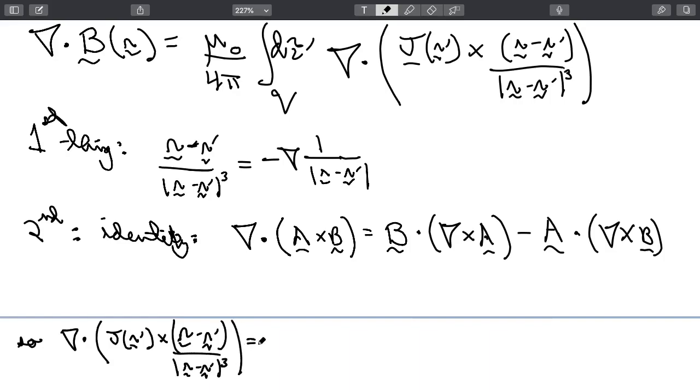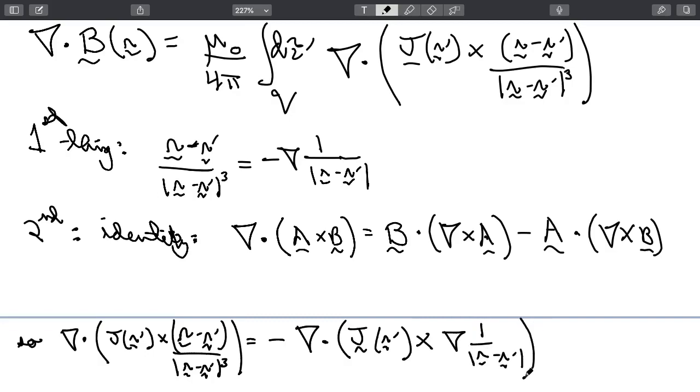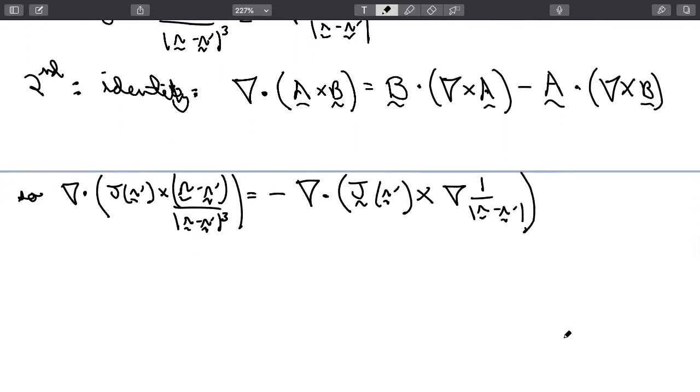First, I use my first little identity, so there's a minus. It's going to be the divergence of J of R prime cross the gradient of 1 over |R minus R prime|. There's just 2 minutes of pain to go through, and then we'll have a glorious result.